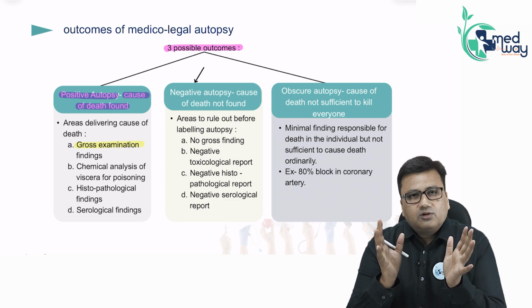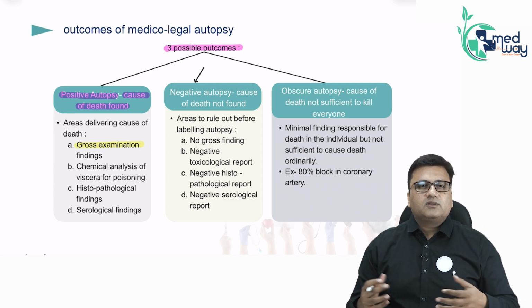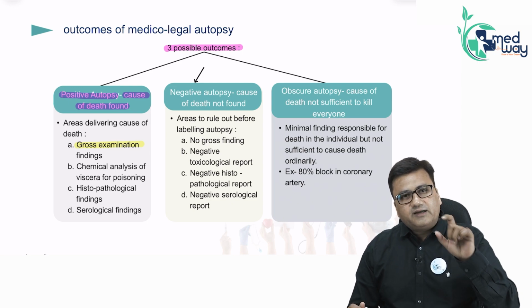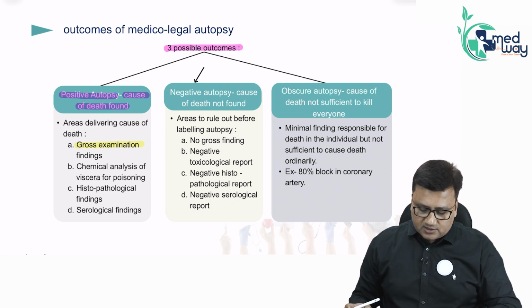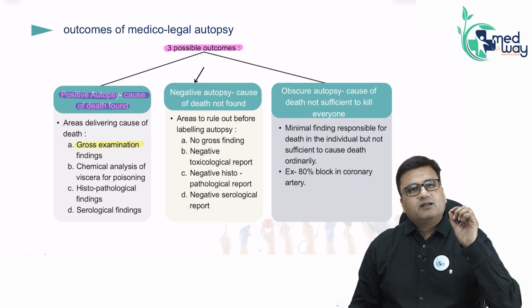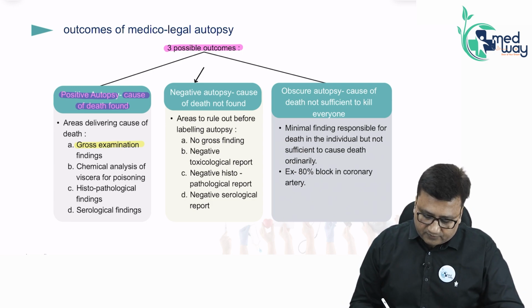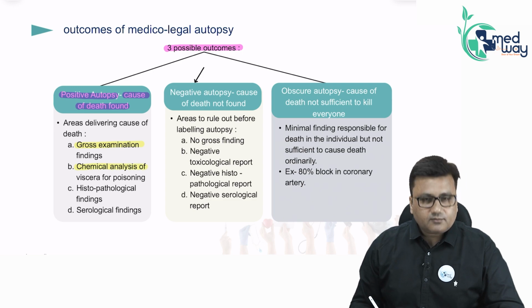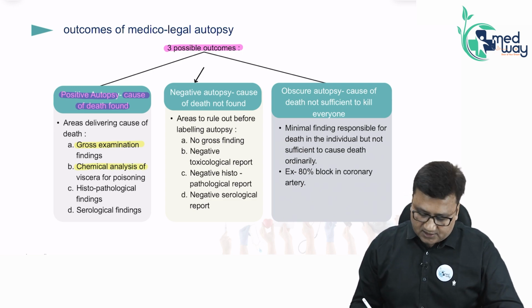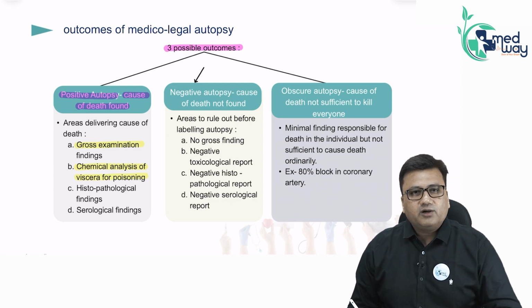And so, to rule out these possibilities or to find the death within these 3 reasons, it is very important that if gross findings are not seen in the body, we preserve viscera for chemical analysis to find out any poisoning in the body.